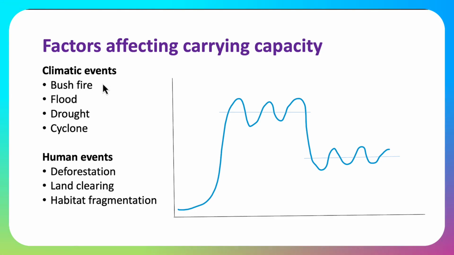Something like a bushfire can go through and remove habitat. It can also remove food. Equally the same with a flood. A drought, again, can reduce the amount of food and the amount of water that's available. And a cyclone.